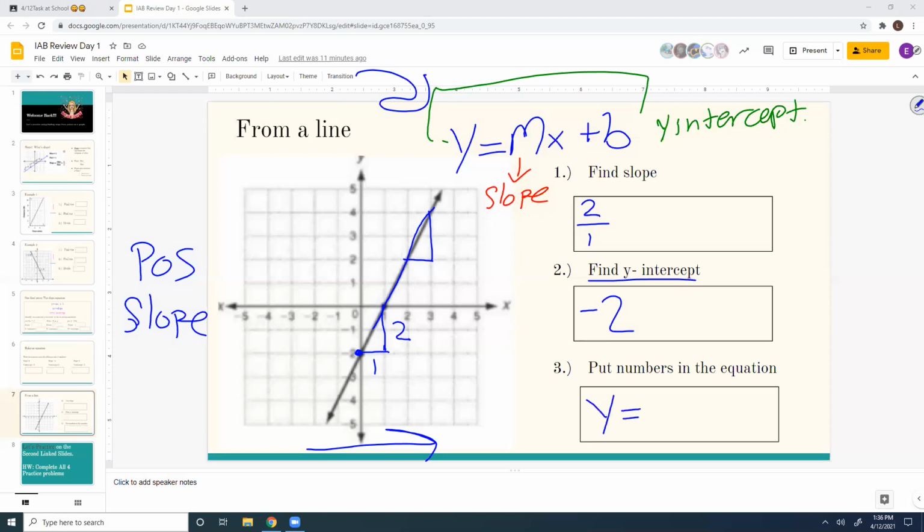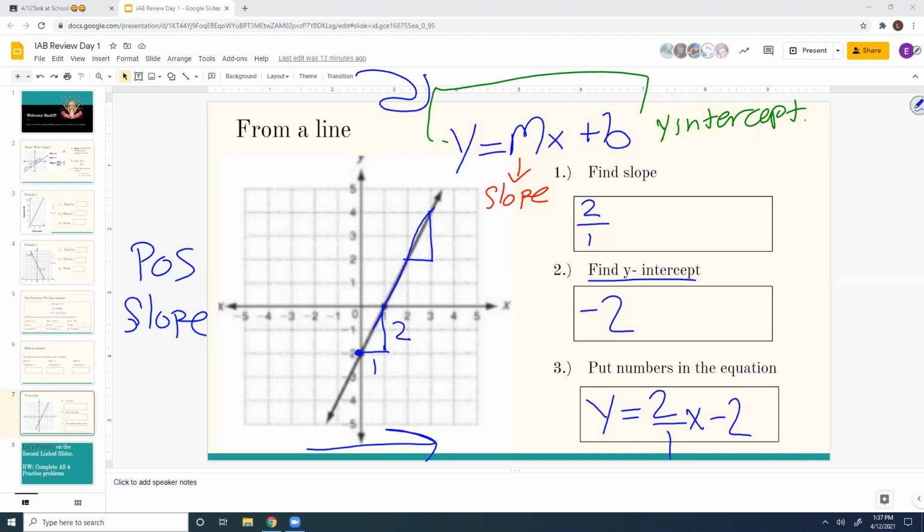Who can raise their hand and tell me what the equation would be? Olivia. y equals 2x. Some people wrote it as 2 over 1x, and that means the same thing. And then -2.